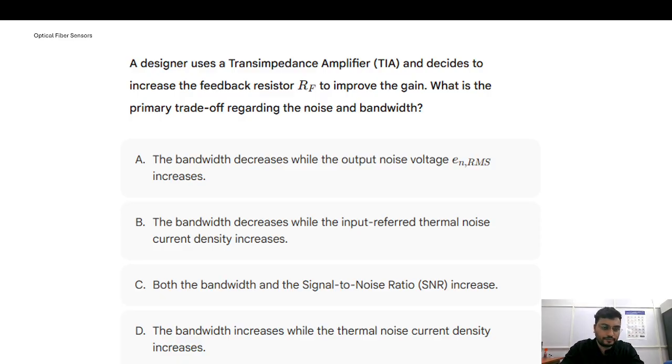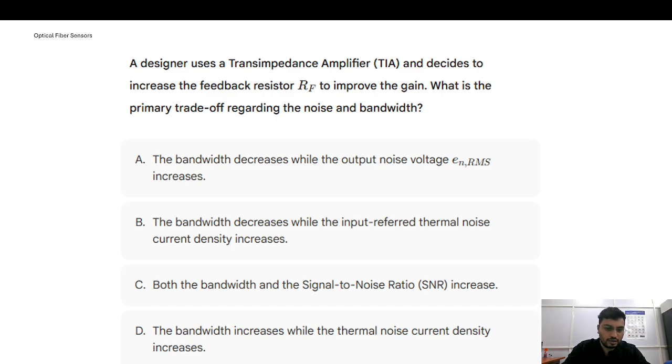Second question is, a designer uses a transimpedance amplifier and decides to increase the feedback resistor RF to improve the gain. What is the primary trade-off regarding the noise and bandwidth?